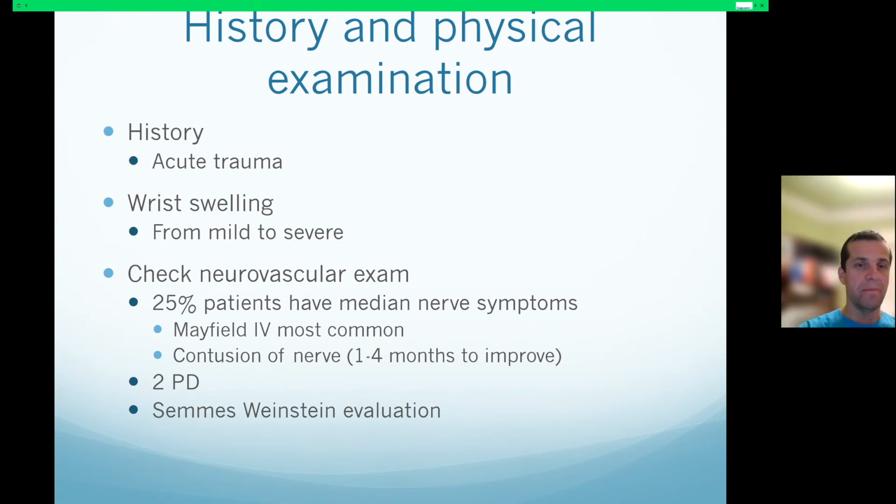More common in Mayfield type 4, where we could have a volar dislocation of the lunate, with the lunate compressing the median nerve in the carpal tunnel. This results in a contusion of the nerve that may take a few months to improve, and it is important to follow the nerve recovery through repeated evaluation.